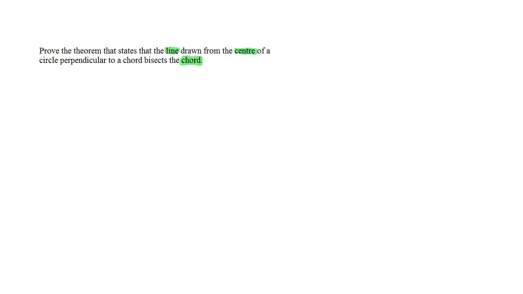So let's quickly construct it. We need a circle, obviously, so we'll take a circle. Here's our circle. In the circle, we need a center, so we're going to locate the center of the circle, around somewhere over here.